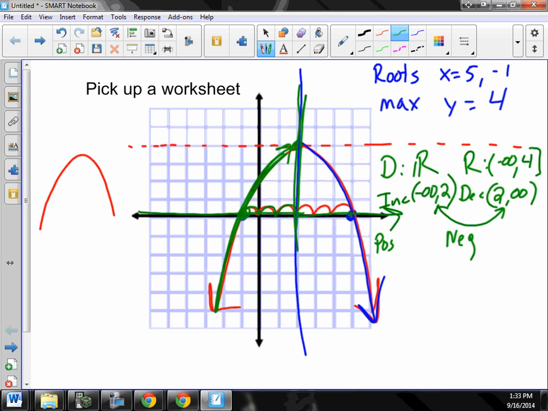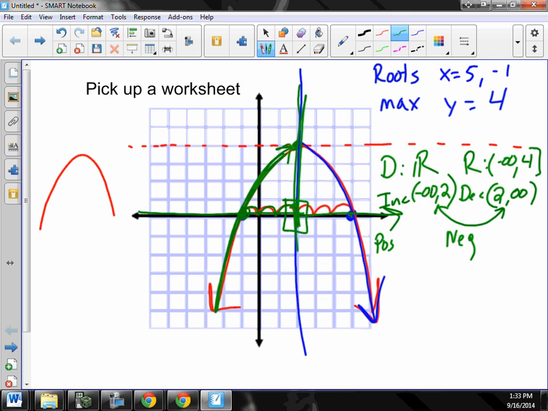What happens right here? That's where the maximum is, or the minimum. It's where it switches from up to down or down to up.